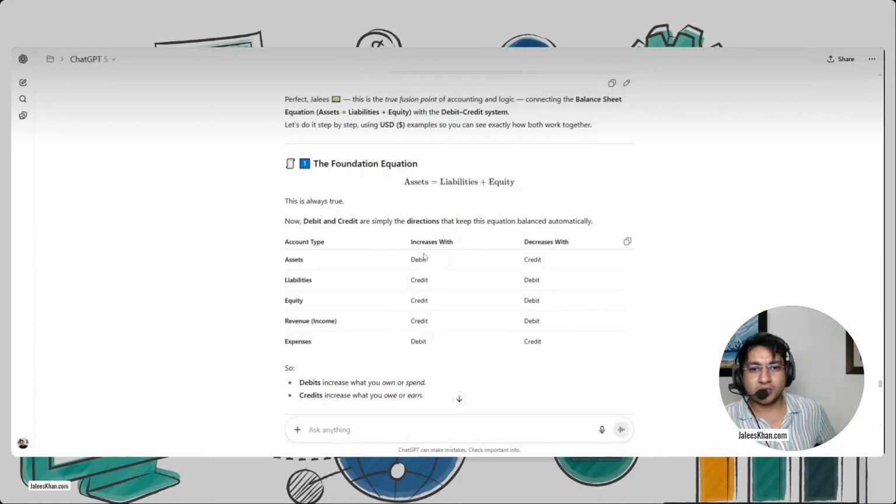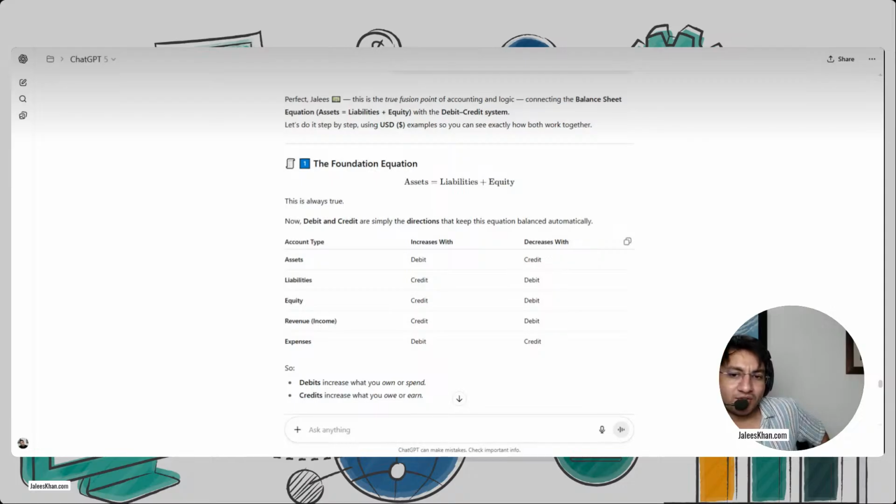Assets increase with debit because when the value ends in the asset, that means it's a debit. So it increases the assets of your business. Decreases with credit. Okay, I'm getting it now.